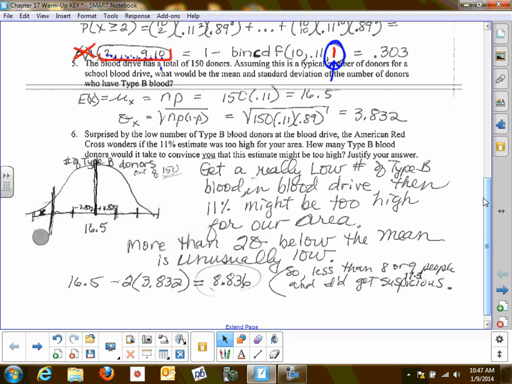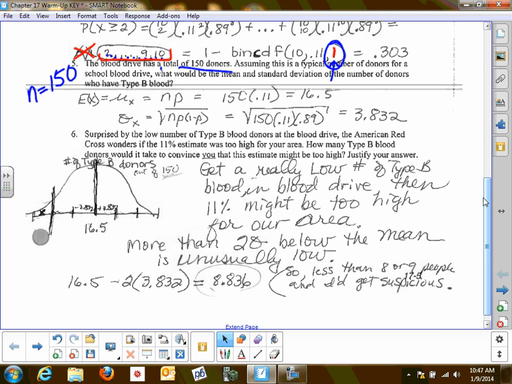Okay. Number 5. So this is saying out of 150 blood donors. Okay, so hey, guess what? Out of 150. So boom, it is known that n is 150. Therefore, it's the binomial situation.